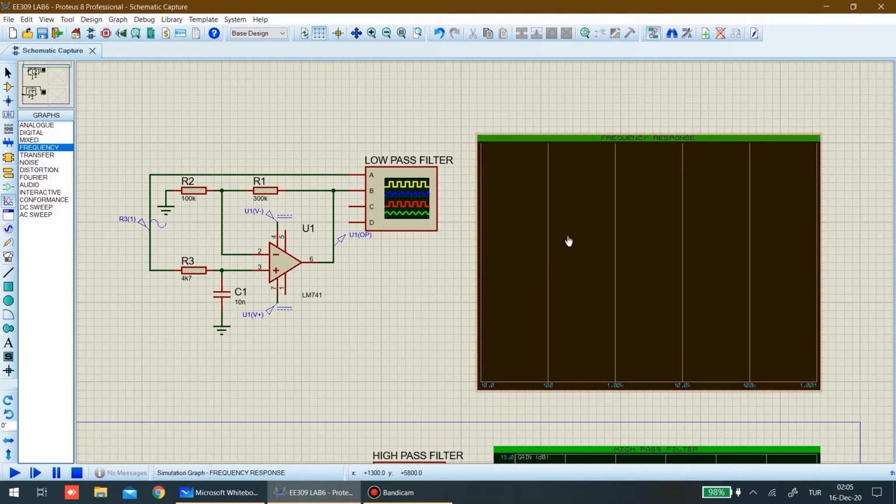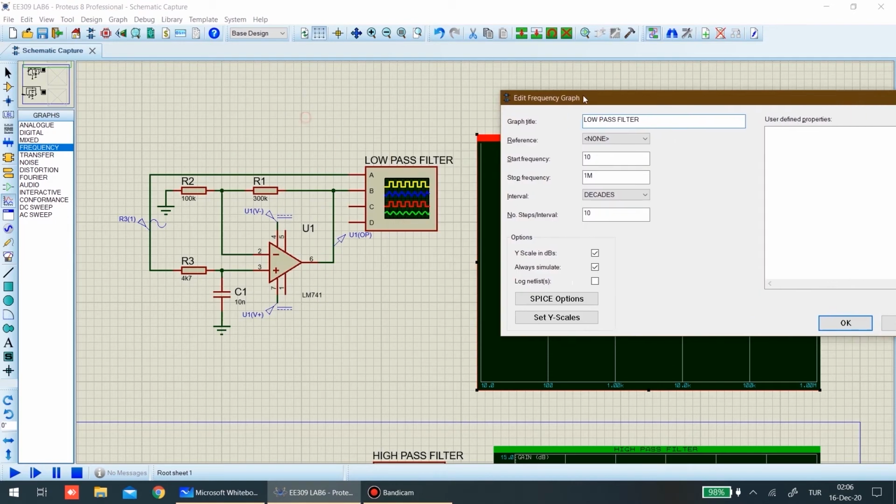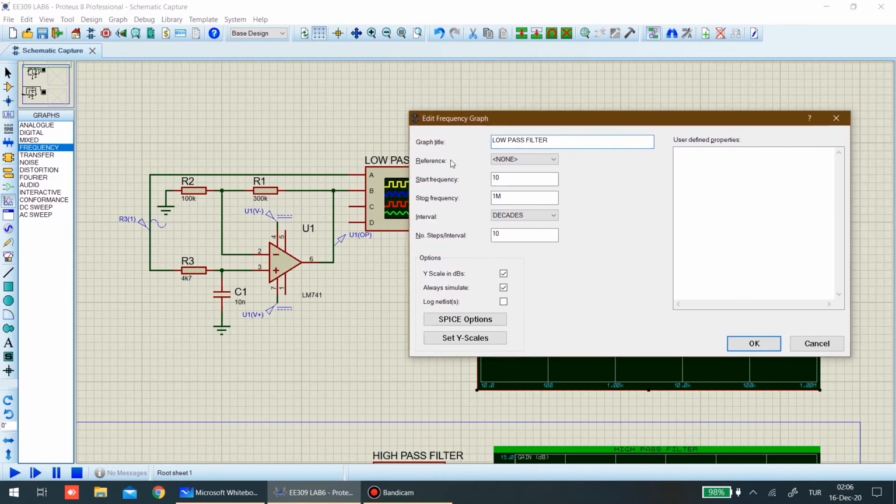And here it is blank. What is the name? Low pass filter. And what is the reference? The reference is our input. What is it? R3 bracket 1.